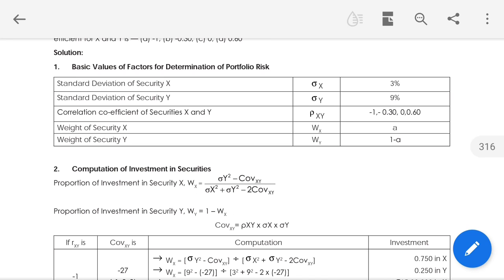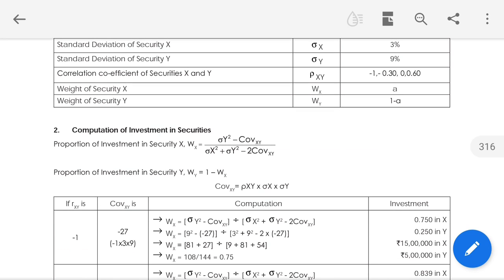Sigma X square represents the variance of security X, and sigma Y square represents the variance of stock Y. COV is the covariance of X and Y. To get the weight of Y, we just do 1 minus the weight of X, and to identify covariance we use rho XY into standard deviation of X into standard deviation of Y. We have the values of standard deviation.